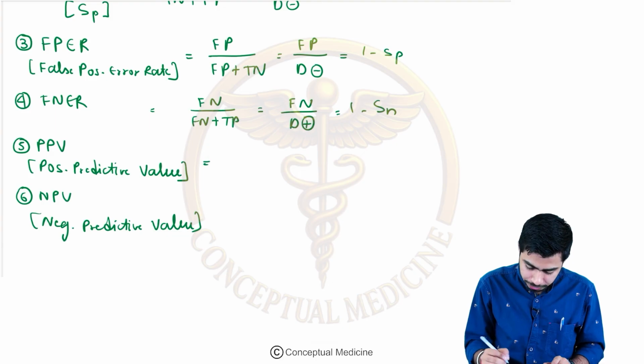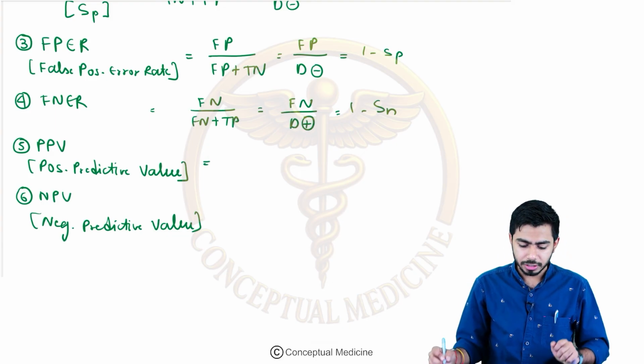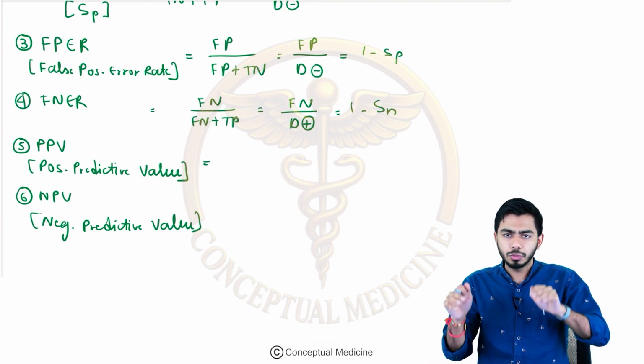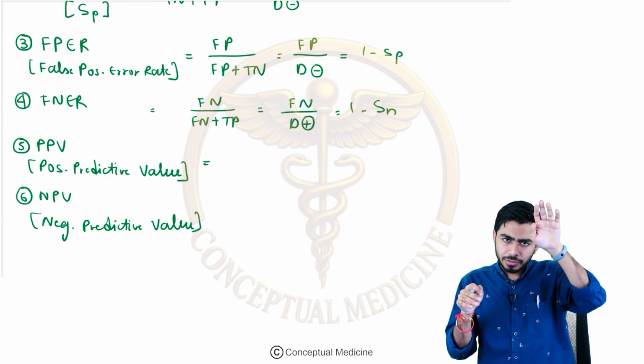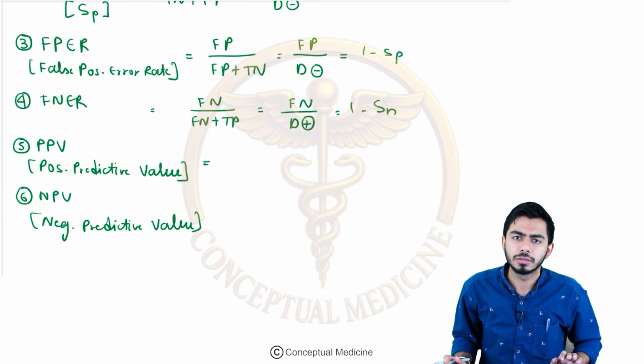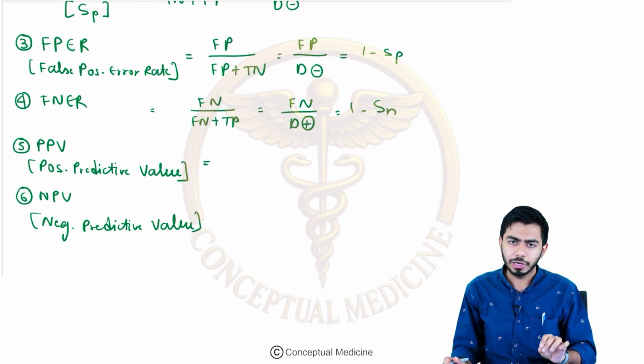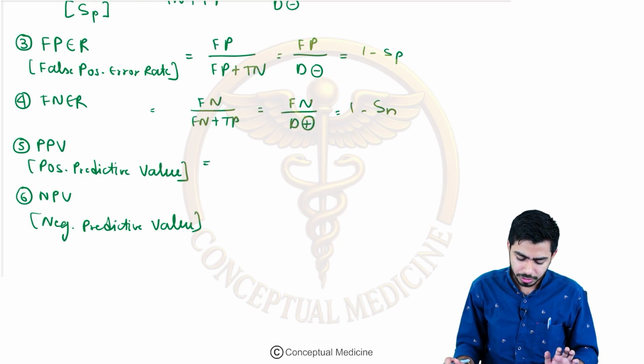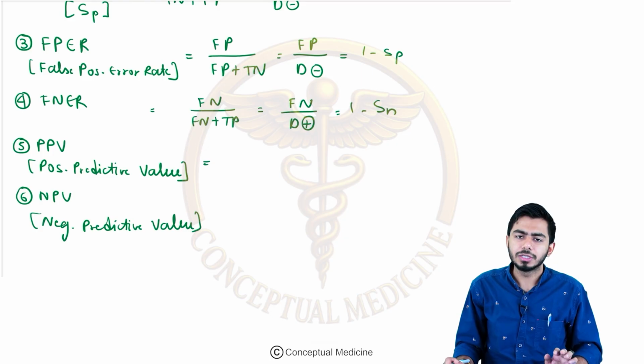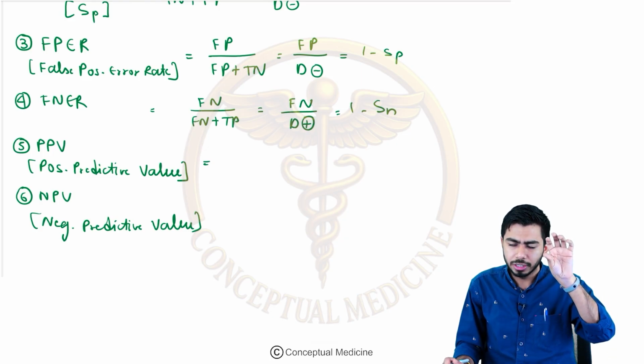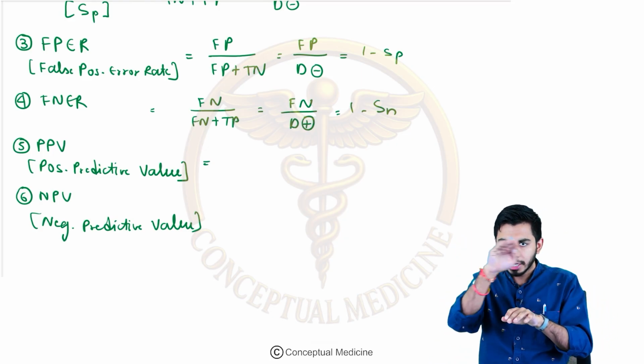Okay, so positive predictive value says that, this is the table again guys. I told you we are playing with the table like this. But in the positive predictive value and the negative predictive value, what we are saying basically, that here in this case we'll be using the table like this.